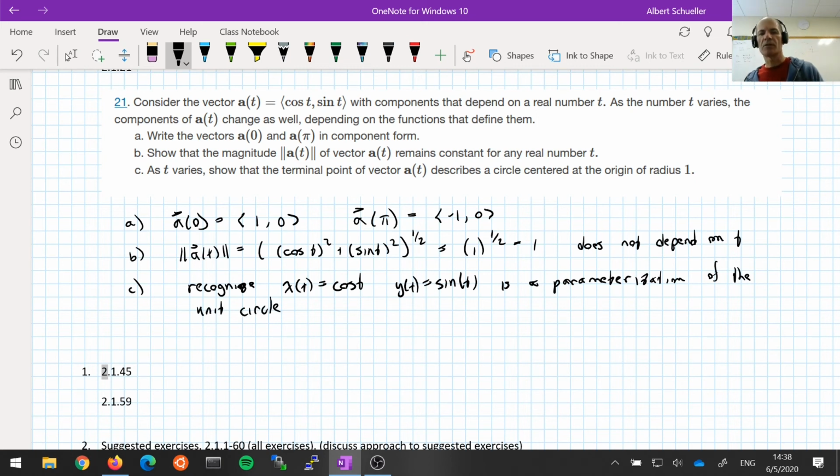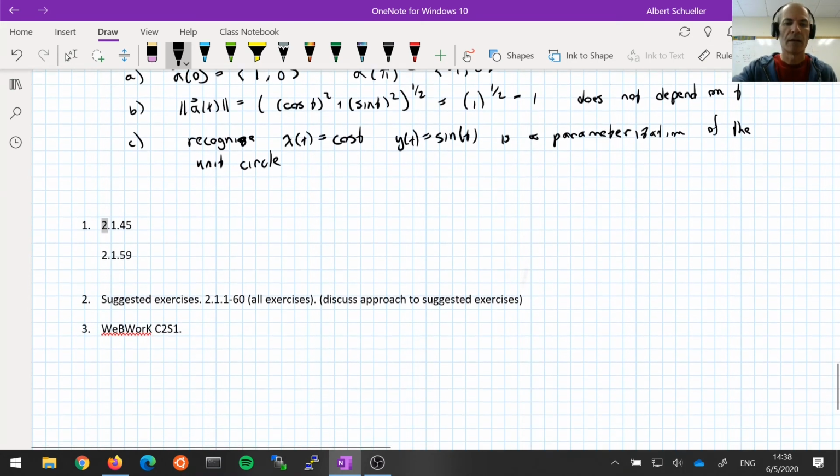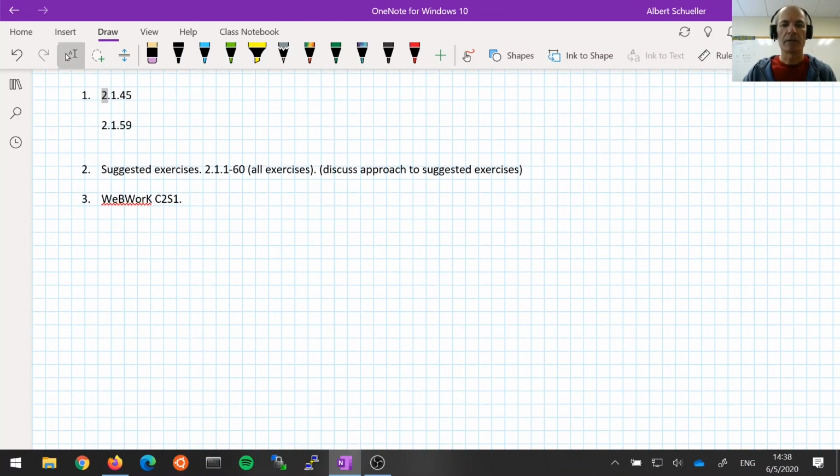And since that's where the terminal point is, we can safely conclude that the terminal point does in fact trace out a circle. Let's look at 45.